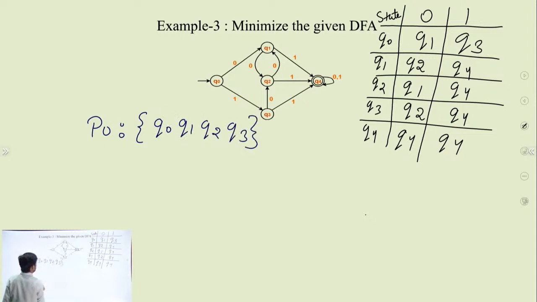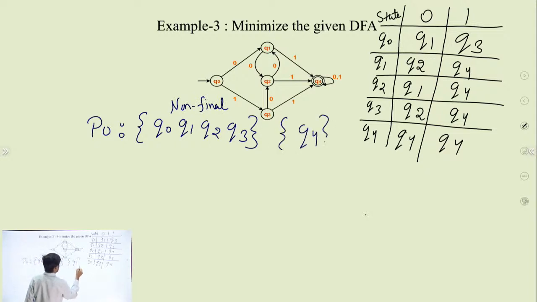These are the non-final state set, and Q4 is the final state. Just write a star to identify that Q4 is the final state.